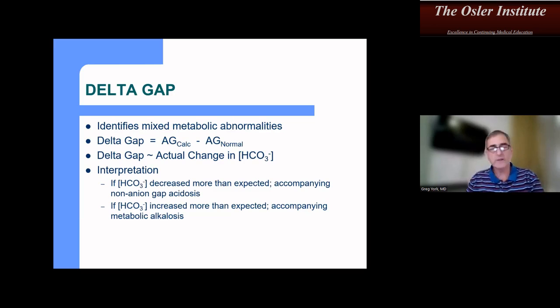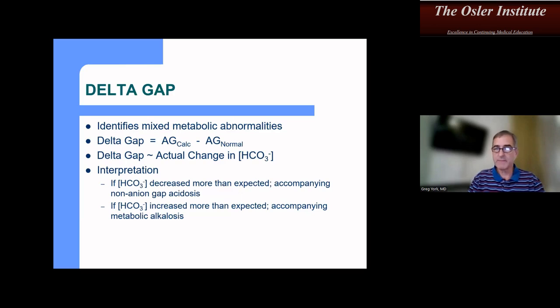Say for a certain patient, you calculate their anion gap, they have a high anion gap of 30, and you go, okay, this is an anion gap acidosis. But you need to look further because it may be a mixed metabolic acidosis. You could have an underlying anion gap acidosis plus a non-anion gap acidosis, or an underlying anion gap acidosis and a metabolic alkalosis. And the delta gap helps us tease this out.